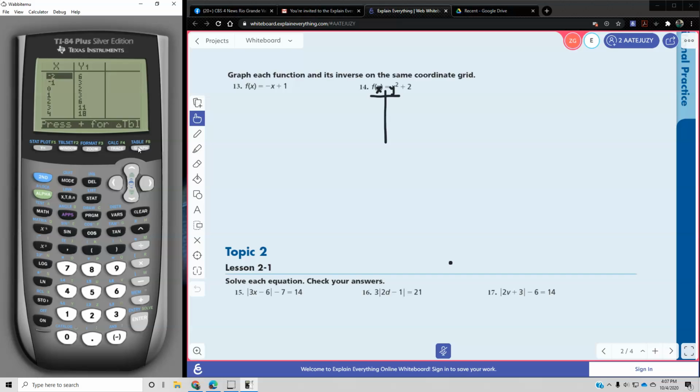So we have negative 2, 6, negative 1, 3, 0, 2, 1, 3, 2, 6. And then to write the inverse, we have 6, negative 2, 3, negative 1, 2, 0, 3, 1, 6, 2.